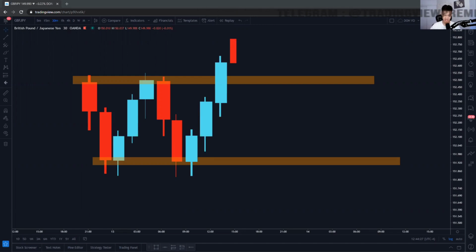Technically, if you break out, you expect price to continue up like this. But in this case, price would just break back into the range like this. Because the moment we actually close back inside the range after breaking out, price will usually come back in the range to fill it. 85% chance of price filling a range.